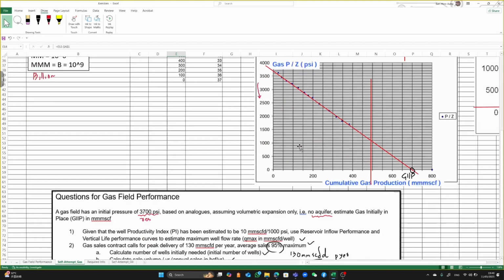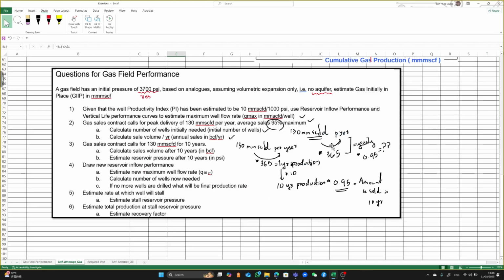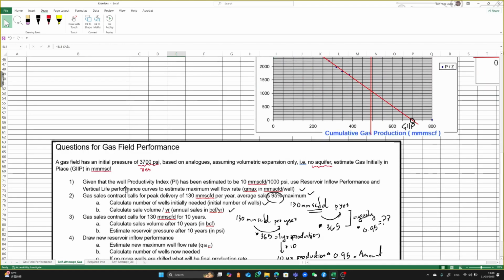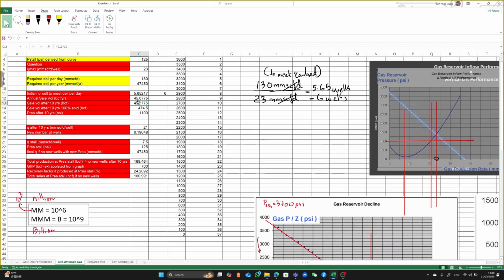This is the breakdown that I just explained to you, but most of the steps are already done in the previous question. So what we needed to do was multiply this by 10, and it will give us how many billion standard cubic feet of gas are sold in 10 years.